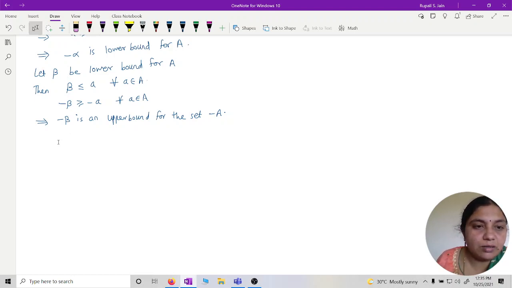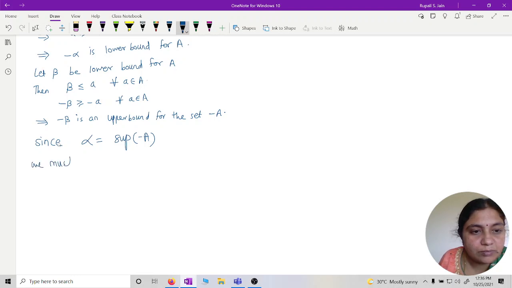Since alpha is the supremum of minus A, alpha is the least upper bound.